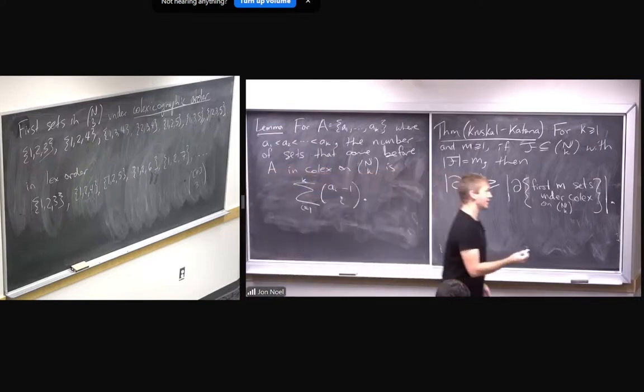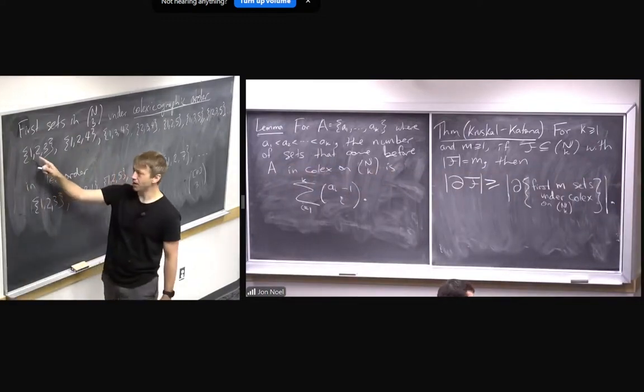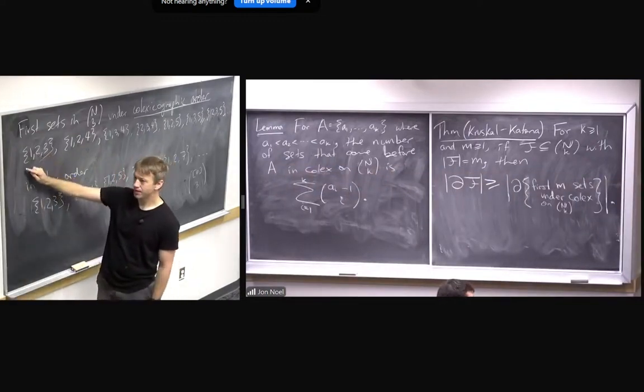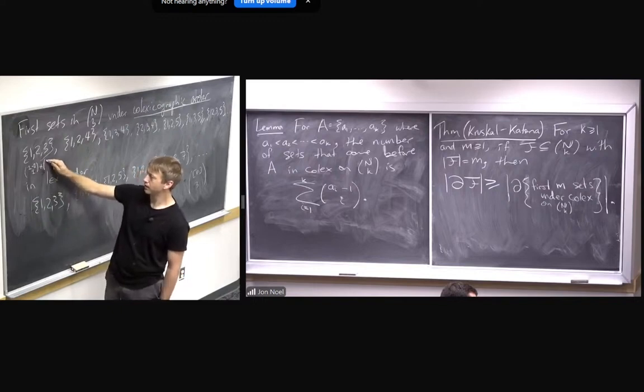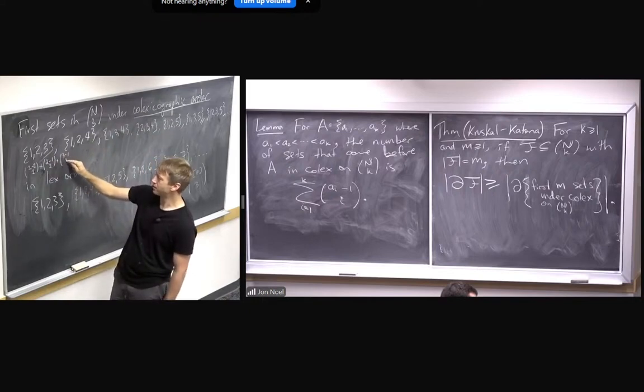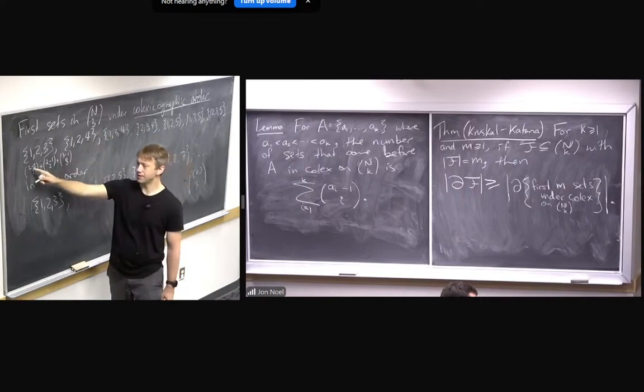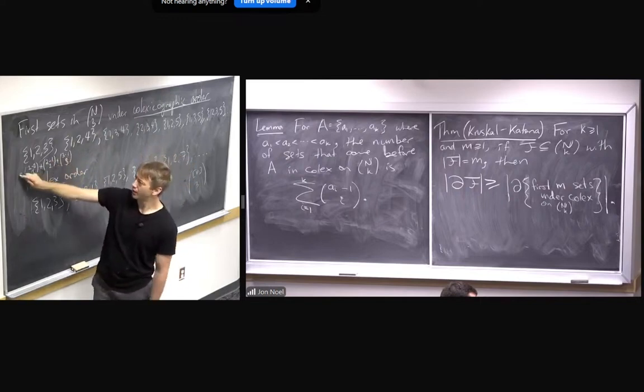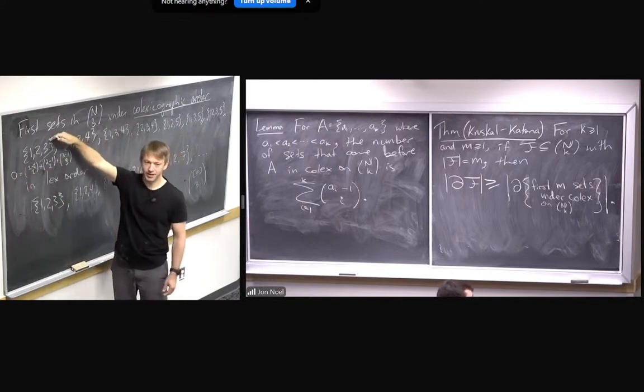Maybe we can see that this checks out in this example. A1 is 1, A2 is 2, A3 is 3. The sum would give me A1 minus 1 choose 1, plus A2 minus 1 choose 2, plus A3 minus 1 choose 3. But this is just 0 choose 1, 1 choose 2, 2 choose 3. They're all 0. So this is saying for this set, the number of things coming before it is none, because it's the first one.